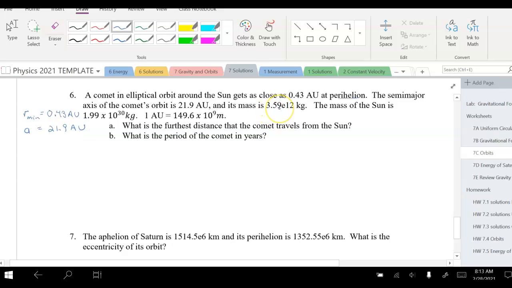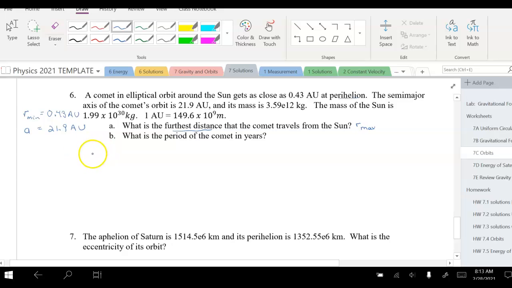And I have the mass of the comet, the mass of the sun, and also they're telling me that an astronomical unit, an AU, is this many meters. So the first thing they're asking for is the furthest distance that the comet travels from the sun. So that furthest distance, they're looking for r max.